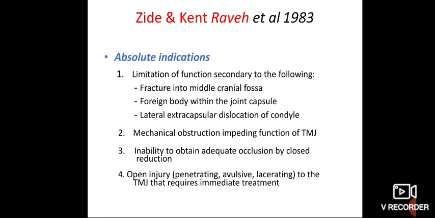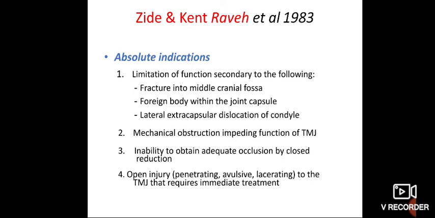Absolute indications for opening the condyle are limitation of function secondary to the following: a fracture into the middle cranial fossa. The condyle has protruded into the middle cranial fossa; you have to remove it. A foreign body within the joint capsule. Due to trauma or any injury, something has penetrated into the joint capsule; you have to remove it.